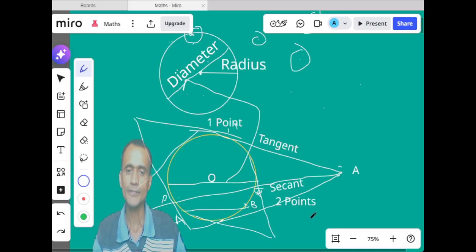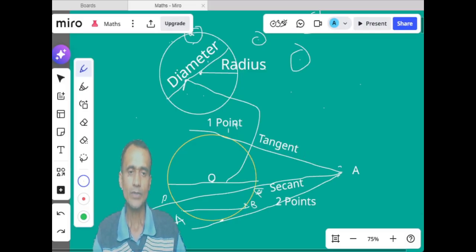So we can draw infinite tangents from different points. Now, what are the properties of this tangent? That we will study, and that is the focus of this chapter.